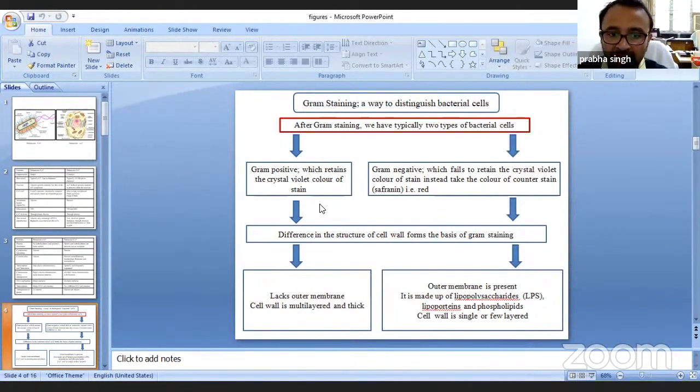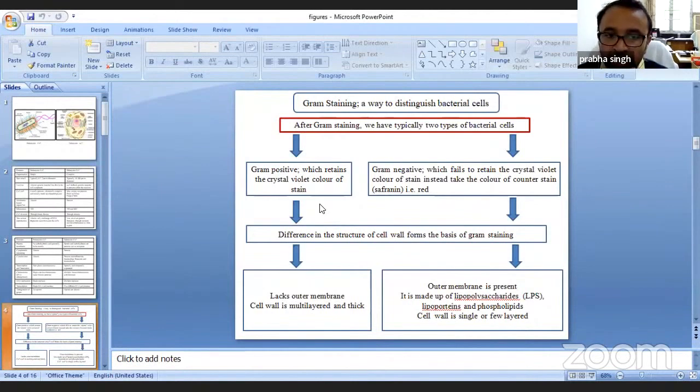In the case of Gram positive bacteria, they lack outer membrane and the cell wall is multi-layered as well as thick. We have discussed this while going through the differences. In the case of prokaryotic system, the cell wall is complex and it is made up of peptidoglycan.